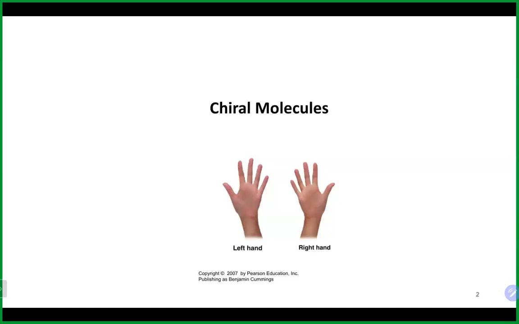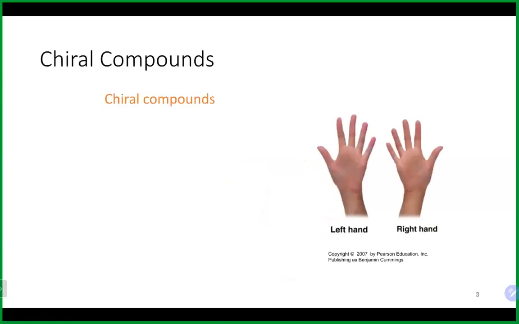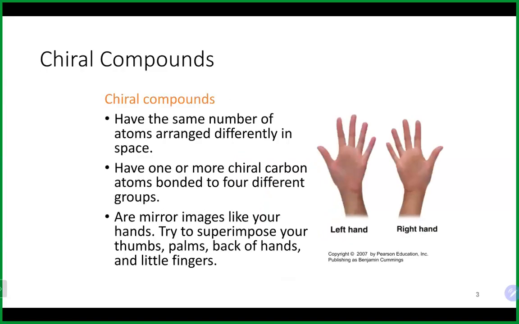So we're going to first talk about chiral molecules, and we'll talk about why the hands are there in just a second. But chiral molecules have the same number of atoms, but they're arranged differently in space. They have one or more what is referred to as a chirocarbon. And basically, for something to be a chirocarbon, you need 4 different groups attached to the carbon.